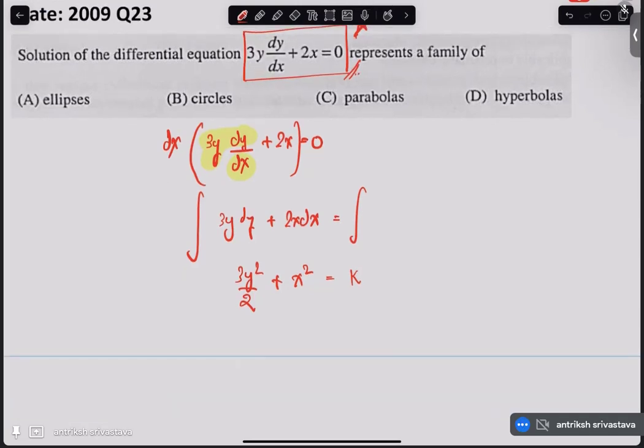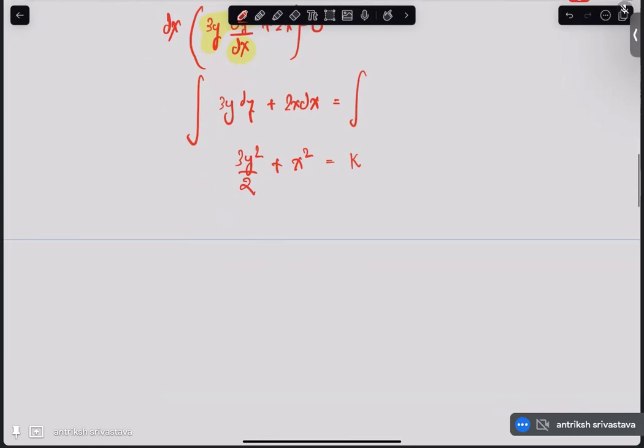All right, so what can we do? We can bring this constant to the denominator and keep the right-hand side equal to 1.